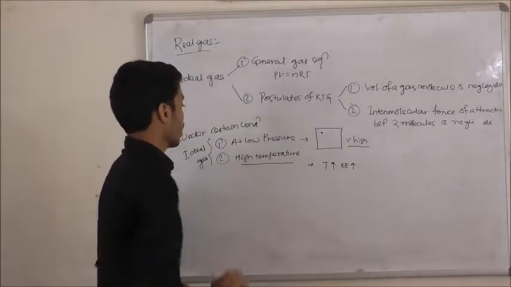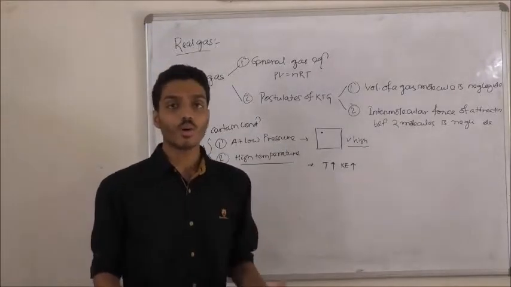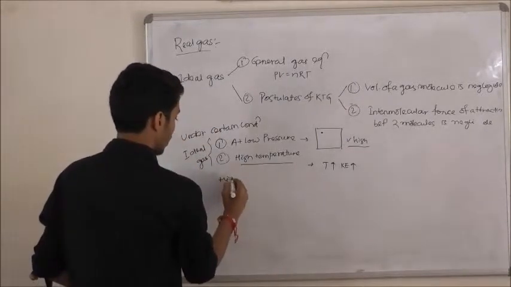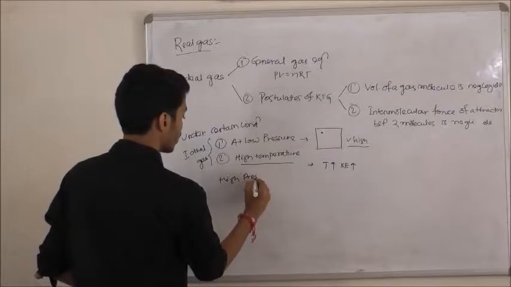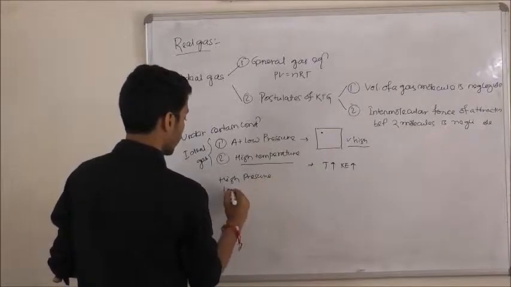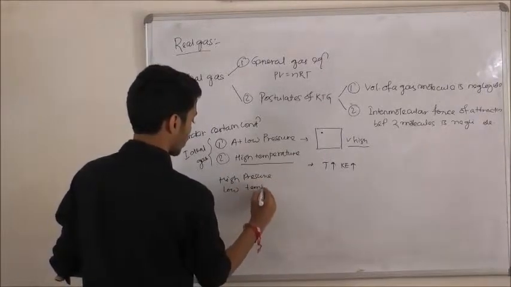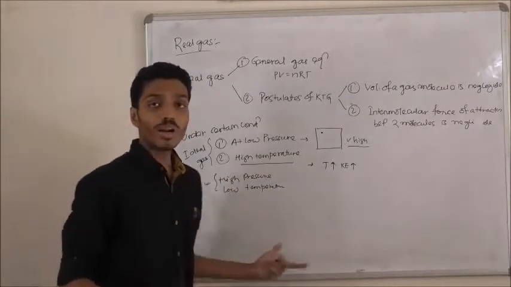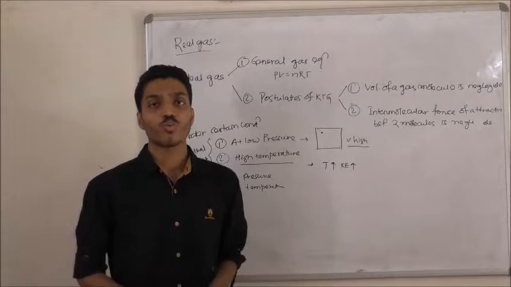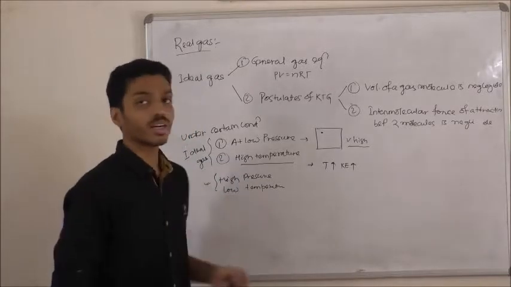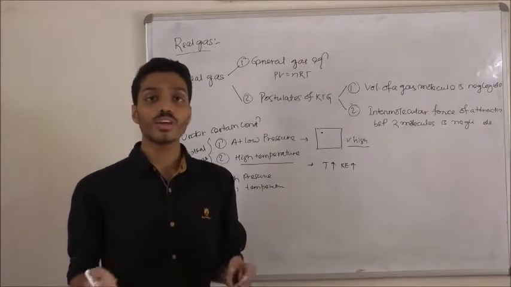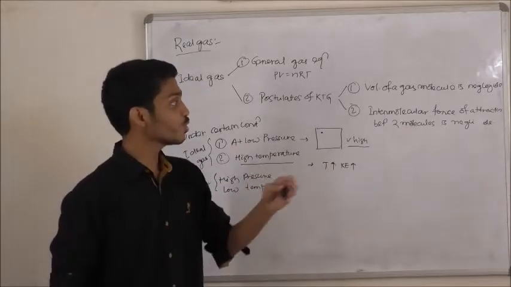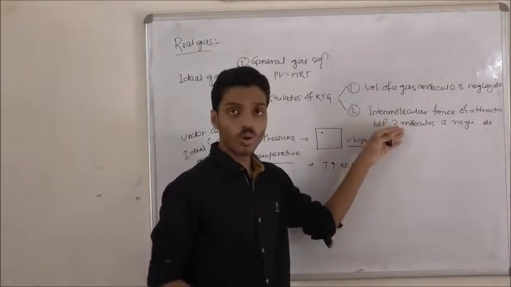Okay, so now what about other conditions? What happens at high pressure and low temperature? Dear students, under such conditions, a gas deviates from ideal gas behavior. That means it doesn't obey the ideal gas laws.